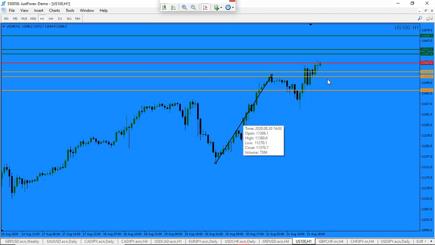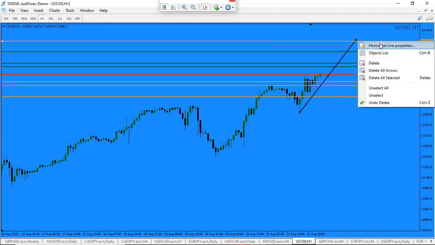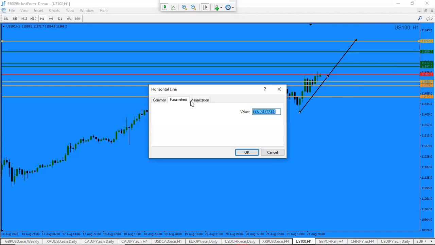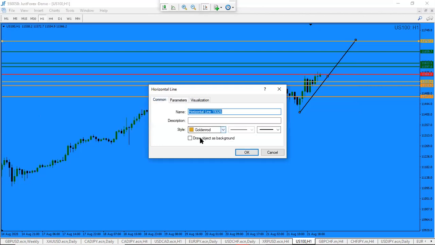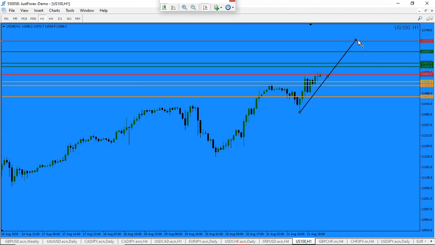Then now you have to do it like this. So it means Nasdaq will be bullish up to 11,702.7. So guys, this is a setup that you have to be aware of.